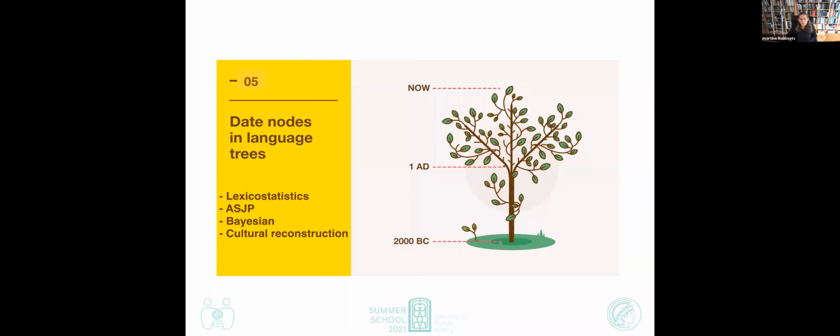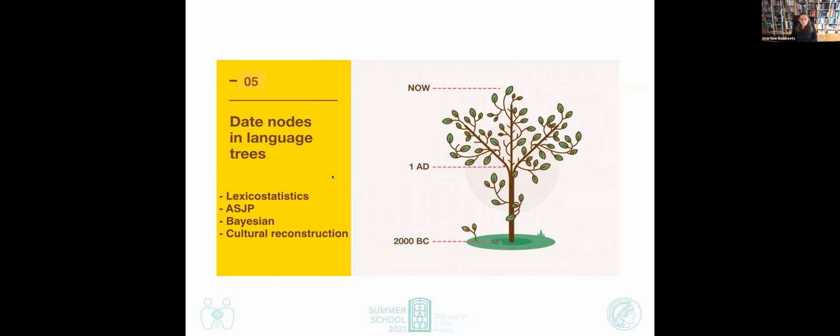And then fifth, archaeolinguists also date nodes in the language trees. And the fact that linguists can date is especially crucial when we want to bring our findings together with archaeological findings and genetic findings, because all these fields do dates.